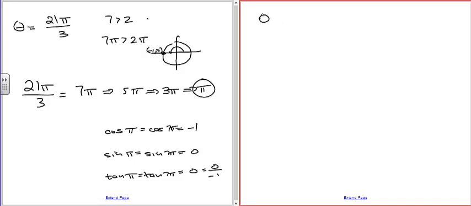Let's say I had 22π/3. I don't know why I chose 21. So in this case, you can't simplify. What you would do is subtract 2π, but you put it in terms of thirds. So 2π is equal to 6π/3.